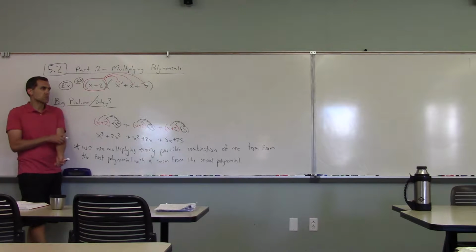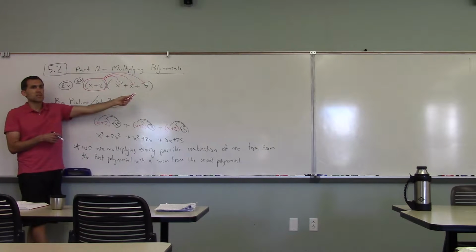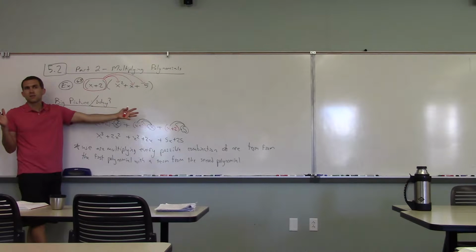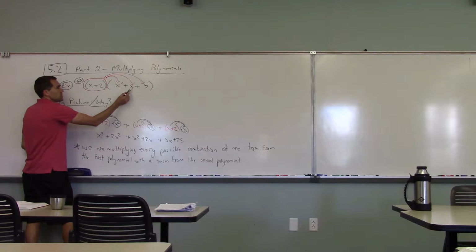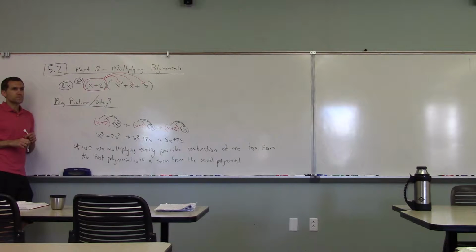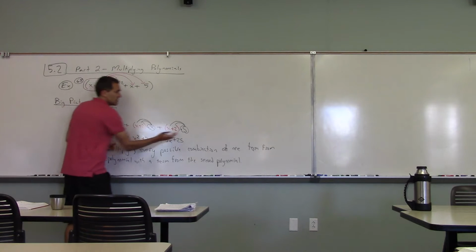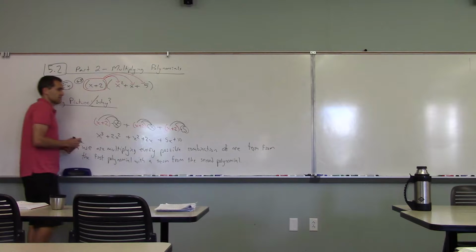And I'll give you some general steps next. What that means is I combine this x with every single thing in here. I combine this 2 with every single thing in here separately, and so I should get 2 times 3, a total of 6 terms. Right? So I multiply x squared times both of these. I multiply x times both of these. I multiply 5 times both of these. Is it plus 10 at the end? Or am I wrong? Yeah, it's plus 10. There we go. Easy peasy.